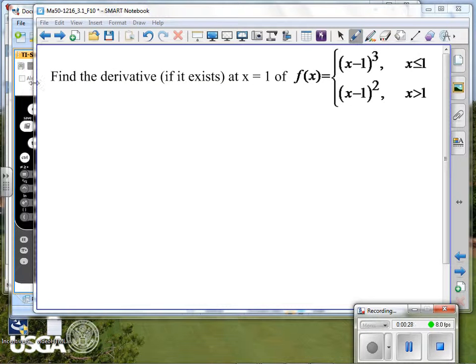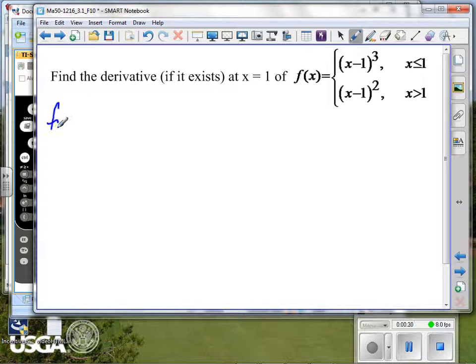Okay, so let's start here. Let's say x approaching 1 from the less than 1 side. The slope of our tangent will be the limit as x approaches 1 from the less than 1 side.